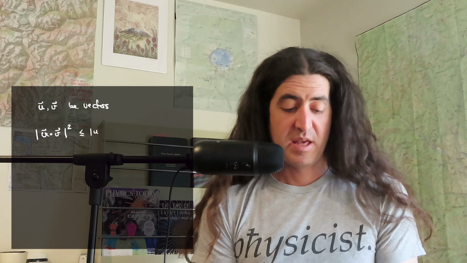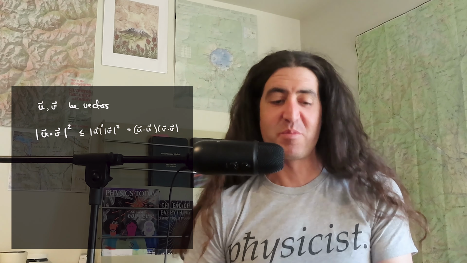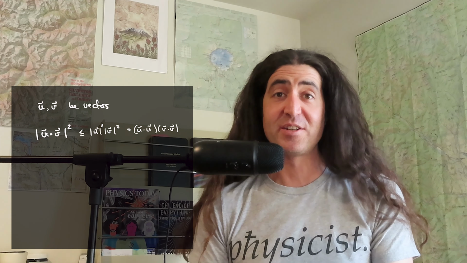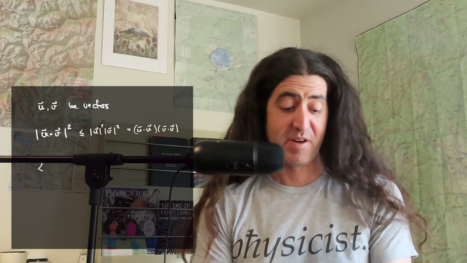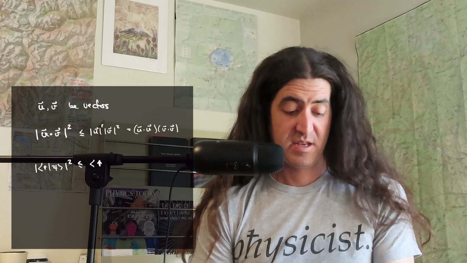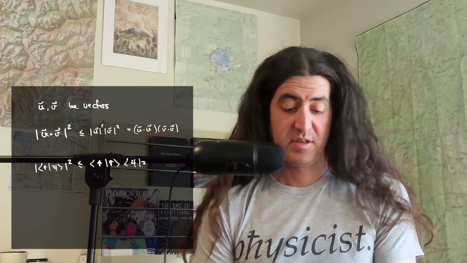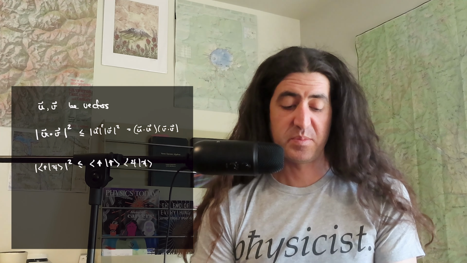So what we're going to be doing here is mapping these u's and v's onto the vectors that we're already familiar with. For our case, we were interested in computing the absolute magnitude squared of up with psi. According to the Cauchy-Schwarz inequality, that is going to be less than or equal to up with up times psi with psi.